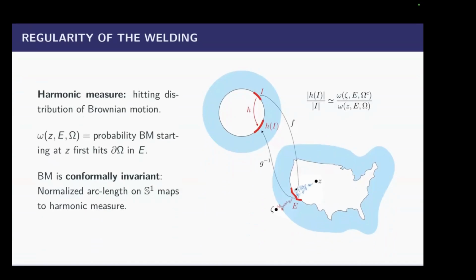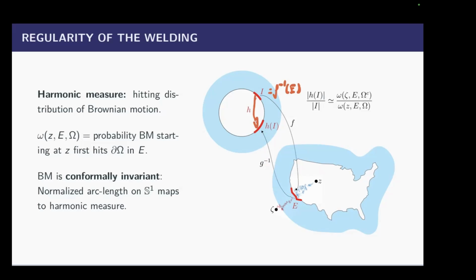If you take a set E on the boundary, and you map it back by F, this interval I is the pre-image under F of E. And you do the same for G. Then what you can see is that they correspond to each other via your circle homeomorphism H.